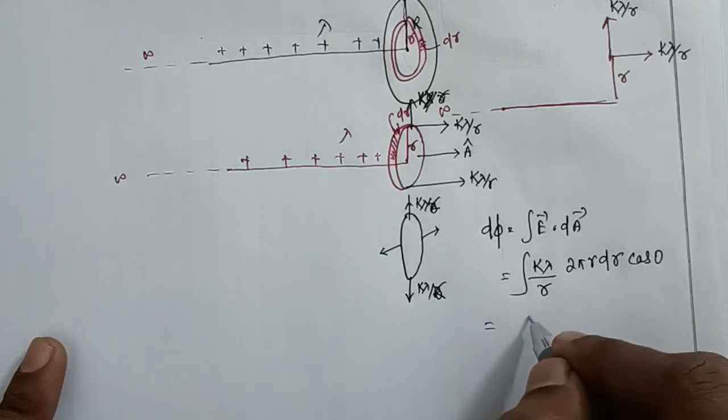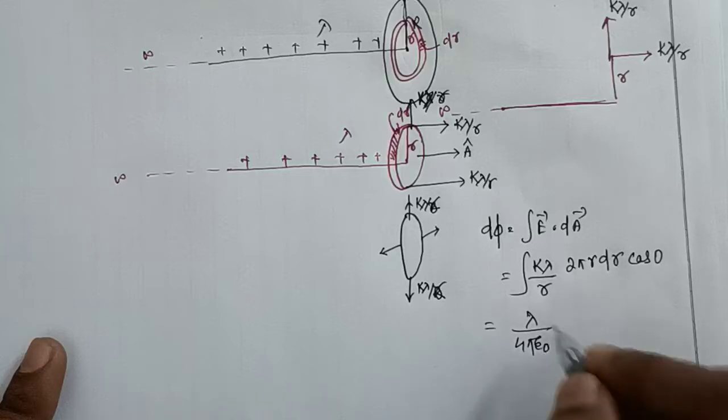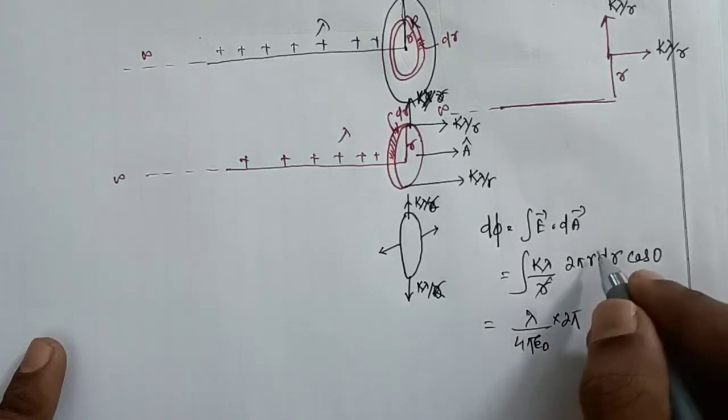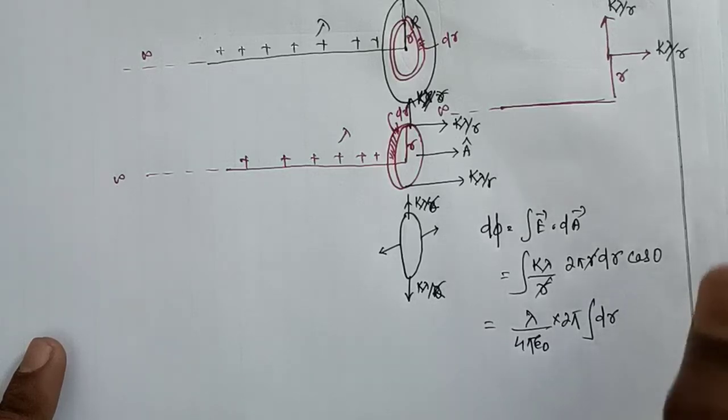What expression is coming? This is lambda, and what is the value of k? 1 by 4 pi epsilon naught, times 2 pi r, the r cancels, and it is simply the integration of dr, and cos 0 is 1.